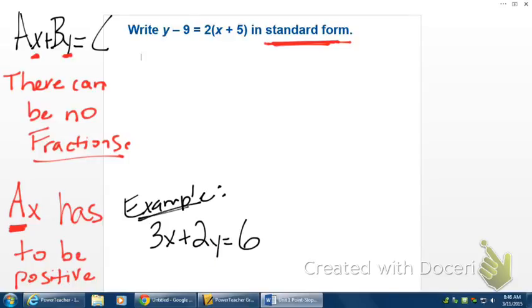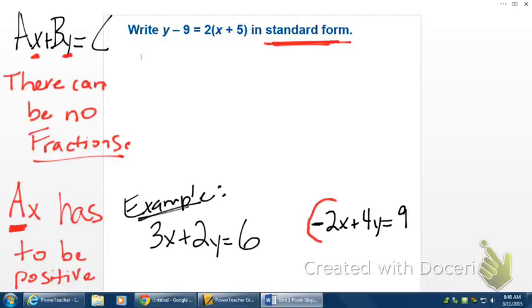Now, let me show you an example that would not be considered standard form. Why would this example not be in standard form? Awesome.